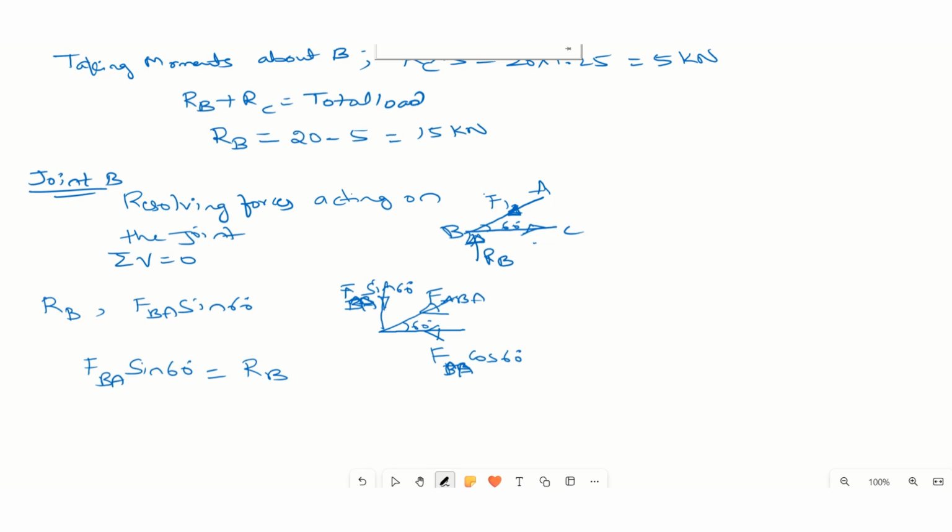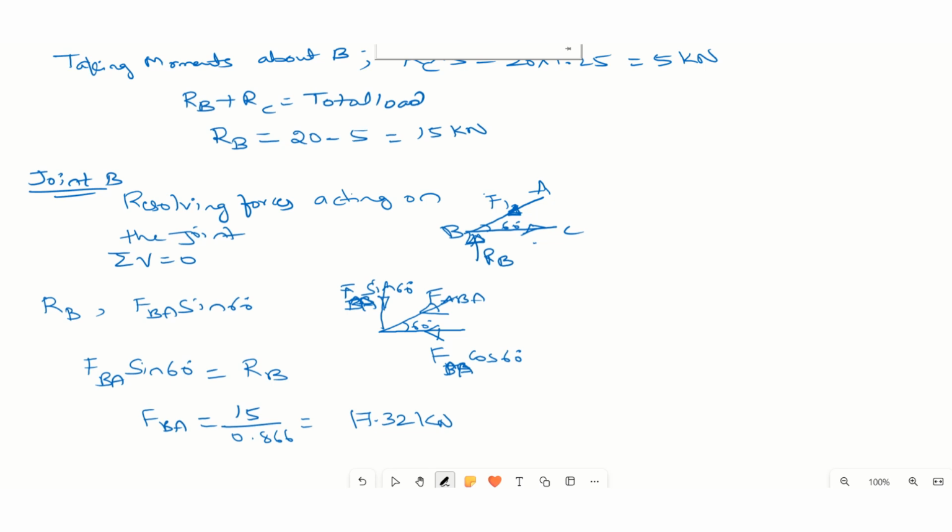FBA sin 60 equals RB. So FBA equals RB, which is 50, divided by sin 60. Substituting sin 60 as 0.866, we get 17.32 kilonewton.